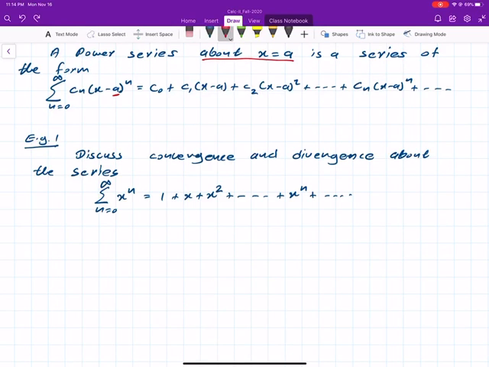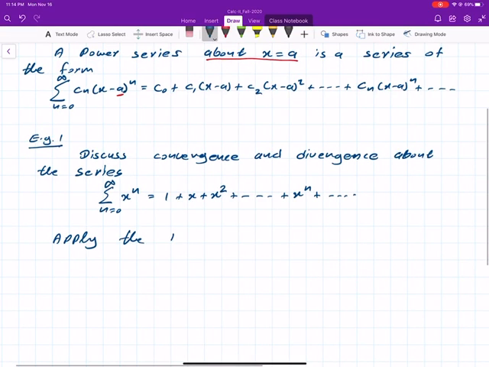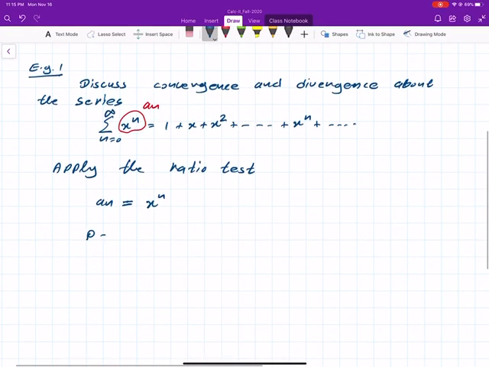For that, what I'm going to use is the ratio test. Apply the ratio test. You have learned the ratio test in the previous class. First of all, you have to understand what is the nth term. So that is the nth term. Now you have to compute rho, which is limit n goes to infinity of the absolute value of a n plus 1 over a n.